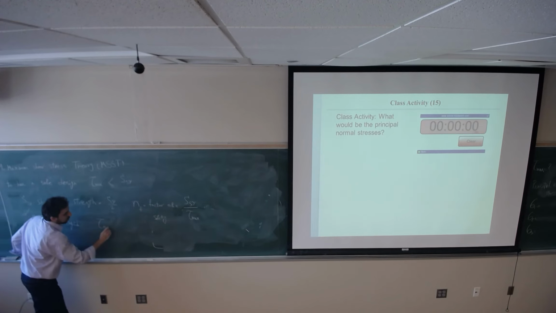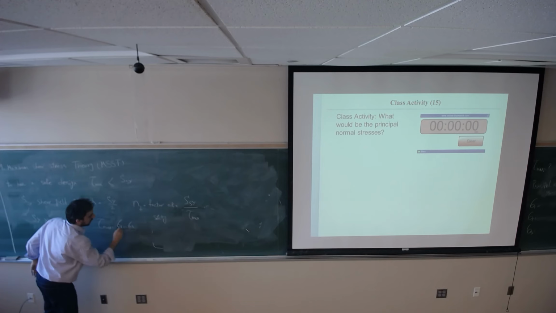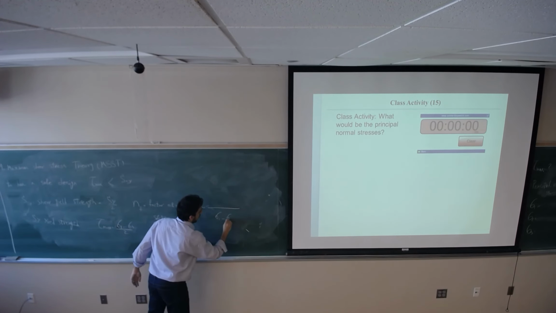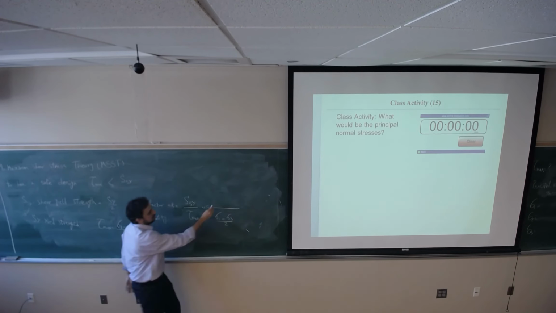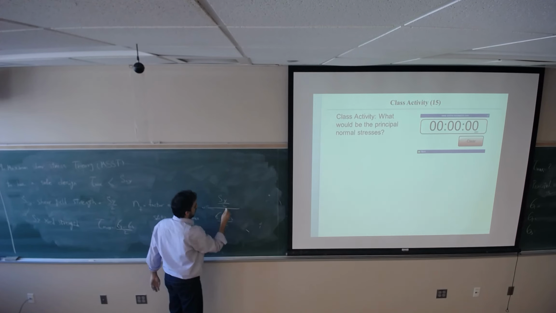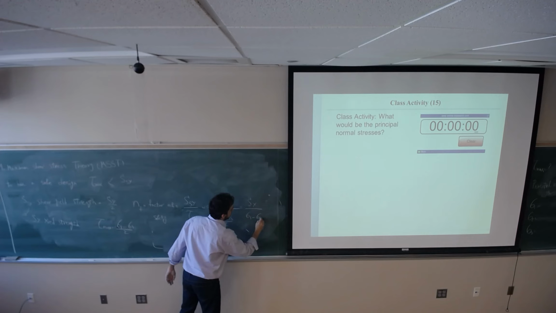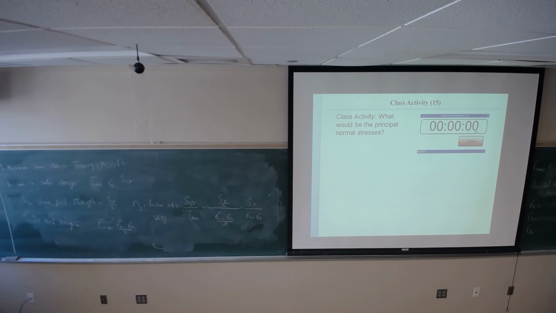If you recall, tau max is always sigma 1 minus sigma 3 divided by 2, and just replace this. And SSY is SY divided by 2. So I can cancel out these two, giving SY divided by sigma 1 minus sigma 3. This is the first theory.